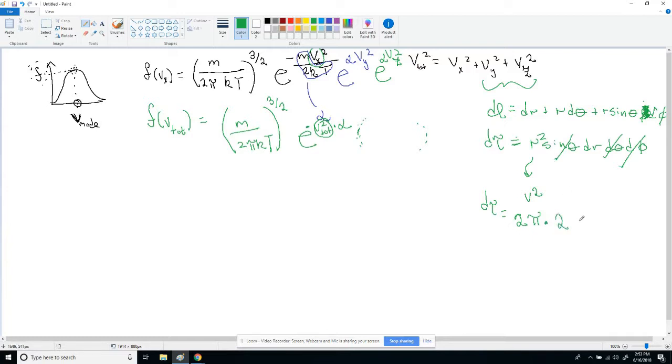And then we are left over with an r squared, which is the one in question, which actually will be changing. So we have to put in a 4 pi r squared here, but we'll call this v total.